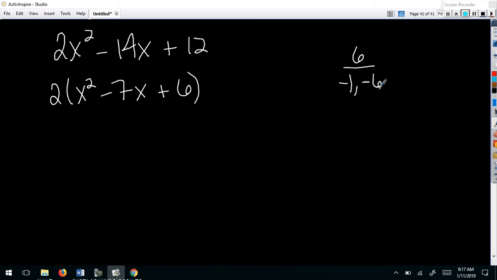Now, I want to walk you through this one grouping, even though you could shortcut this one, because there's something special with the signs that comes up a lot. All right, x squared.